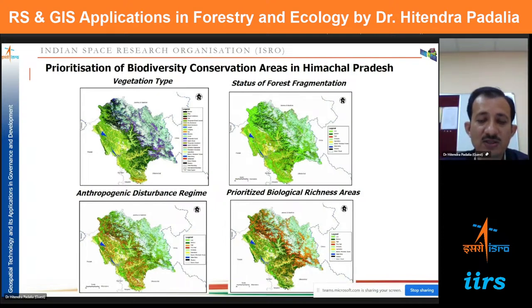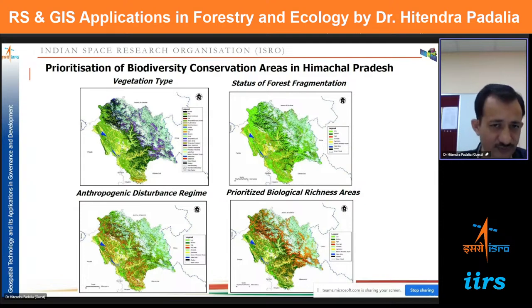Disturbance regime means that in every ecosystem there are natural disturbances and there are man-made disturbances. Natural disturbances like landslides and other things, but man-made disturbances like fuel wood collection and water collection and harvesting of medicinal plants, etc. This happens when the human dominance in an area increases.